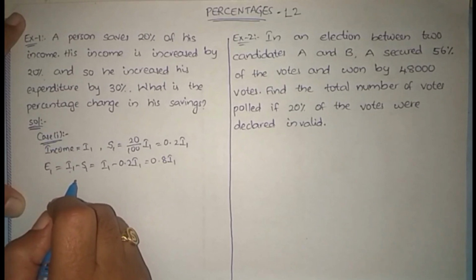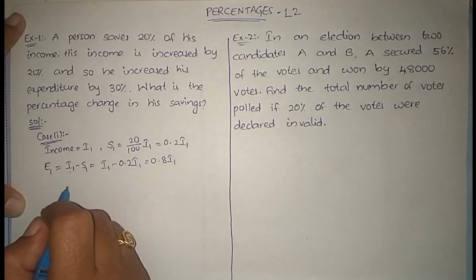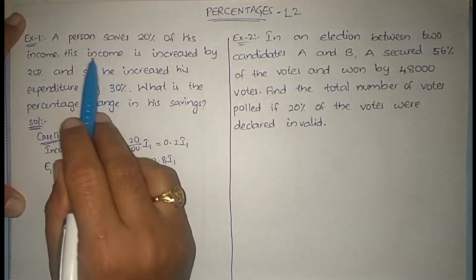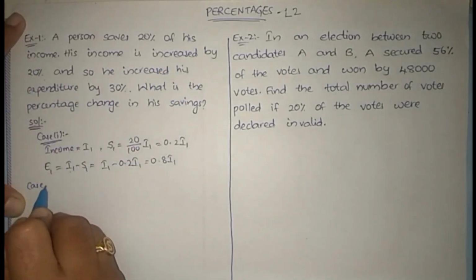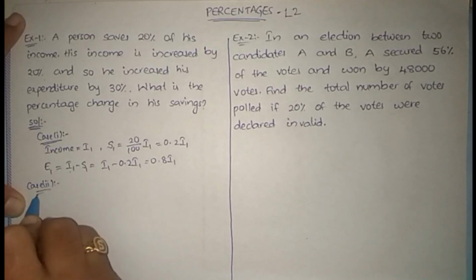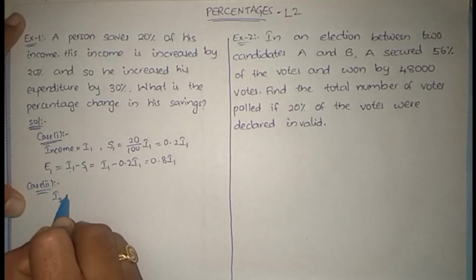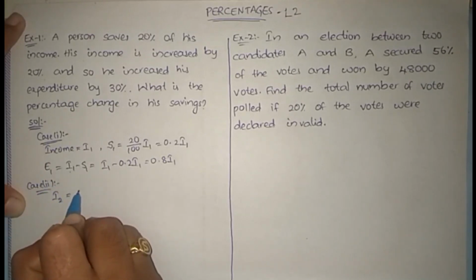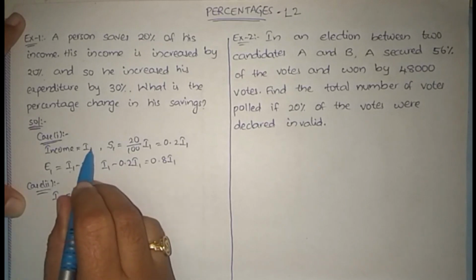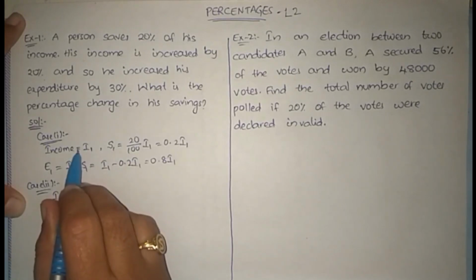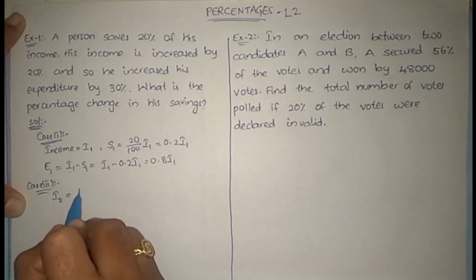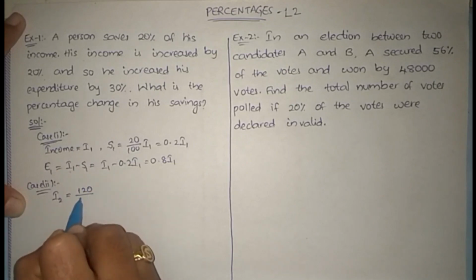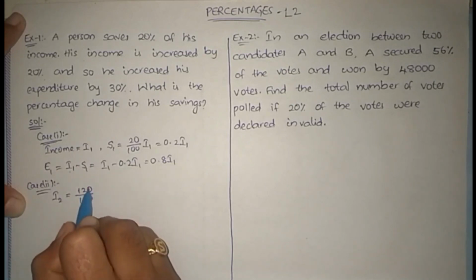So going to the next case, case number 2, it is given that his income is increased by 20%. Let us take income as I2, which is increased by 20% when compared to the first one. Previously it was 100%, now it is increased by 20%, that means it comes as 120%.